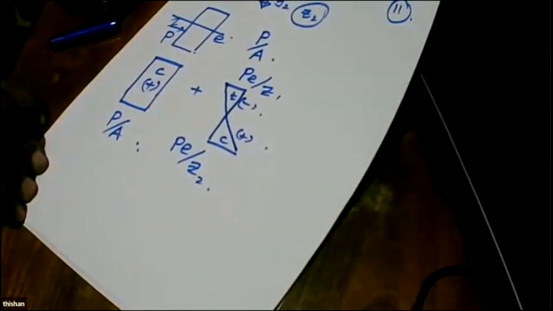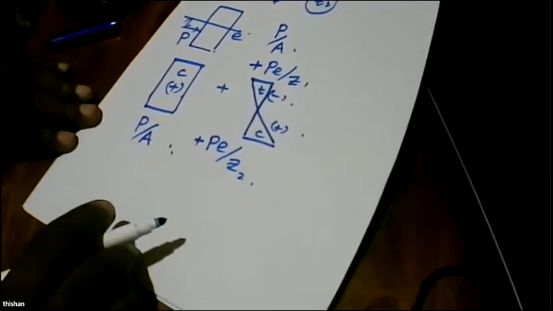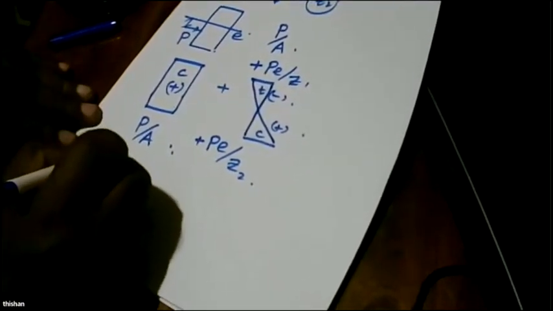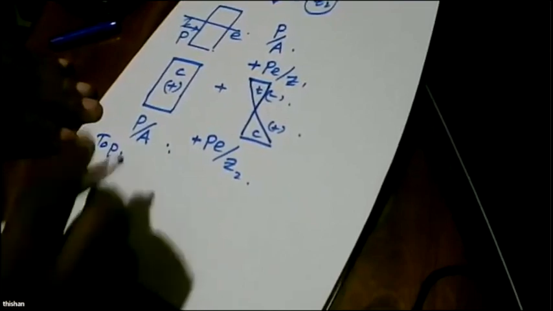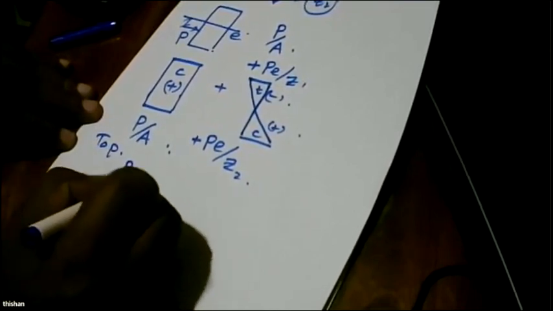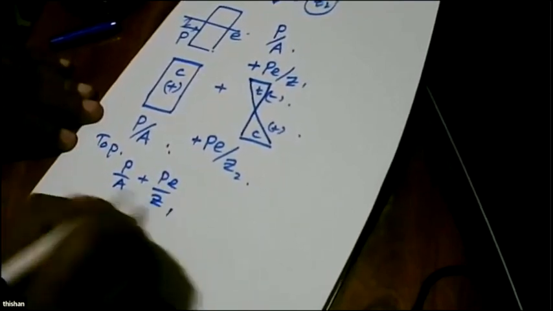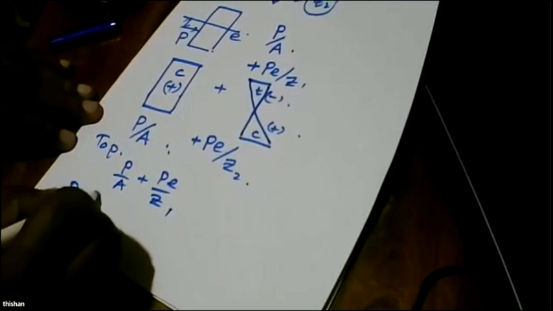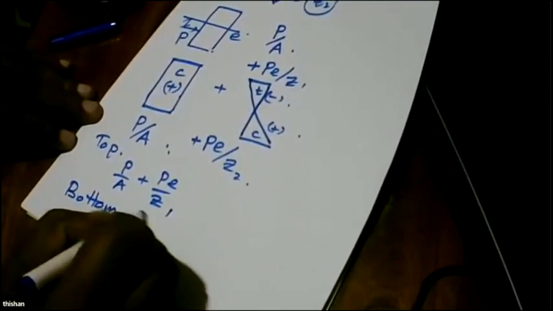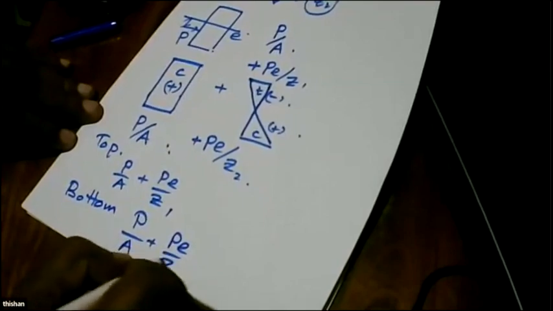So if you look at the stresses at the top fiber, what you get is P over A plus PE over Z1. If you look at the bottom fiber, what you get is P over A plus PE over Z2.